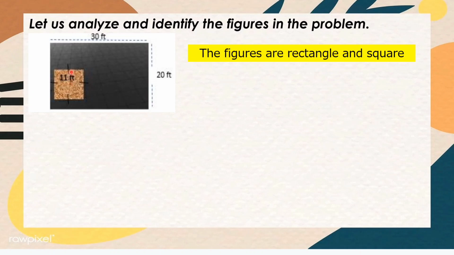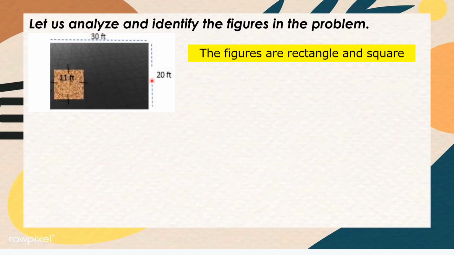If we notice, we have lines on each side of the square. What does that mean? That means the measurements of the sides of this square are equal. So 11 feet for this side, 11 feet also for this, same with the other sides.